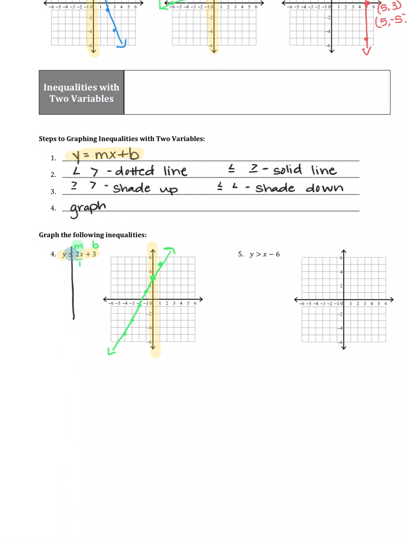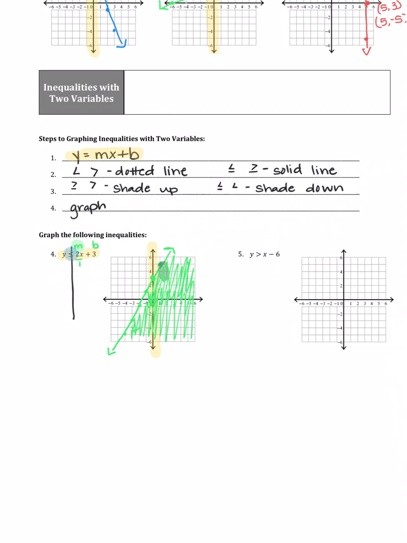Because the alligator is not eating that y, it's going to say y is less than. When it says less than, I want you to draw arrows going down. Less than means down. Then you're going to shade everything on that side where you have the arrows. So I'm just going to shade or color in that side with my pencil. Okay, so we're good there.